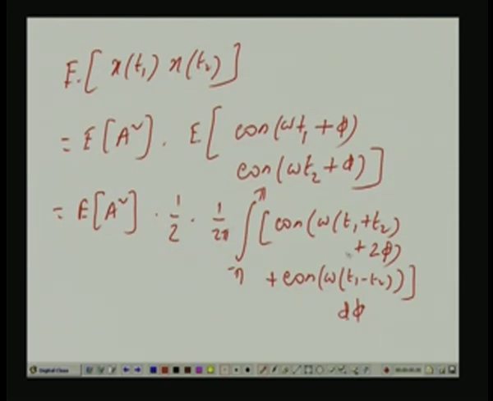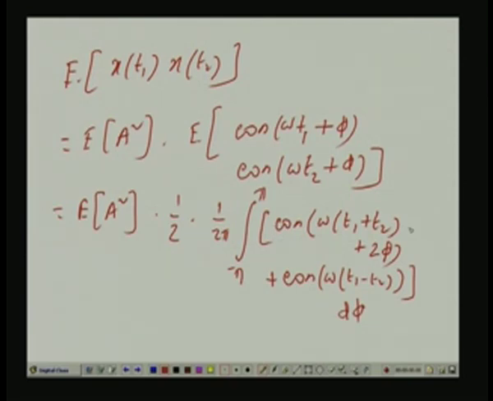You see the first term, cosine omega (t1 plus t2) plus 2 phi, you are integrating with respect to phi. So, this is now actually a function of phi. Within the period minus pi to pi, this function completes two full periods, because we have 2 phi here, and obviously the integral over 2 full periods is again 0.